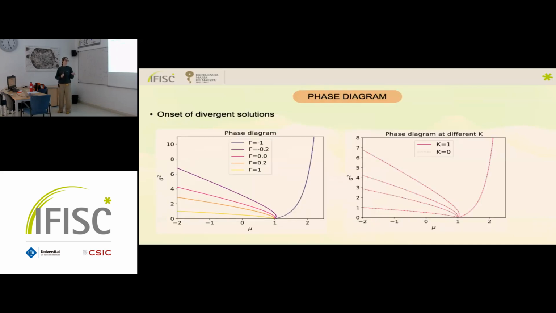Going on, really important, we study the phase diagram. So what is the phase diagram? Basically, the phase diagram tells us when the approximation of a fixed point is valid for our system and when it's not valid anymore.